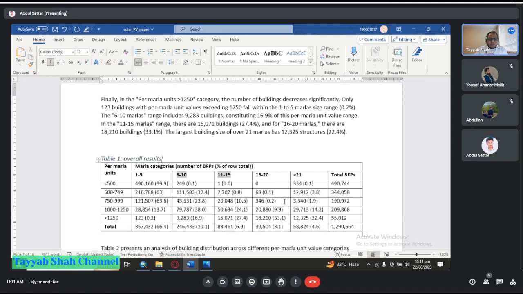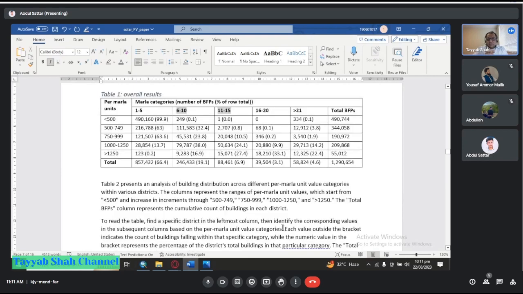So if we look at the eligible buildings, the 750 units and onward, you want to see how many buildings are there out of it. You need to get those statistics, and when you are in the discussions, you need to talk about that number.